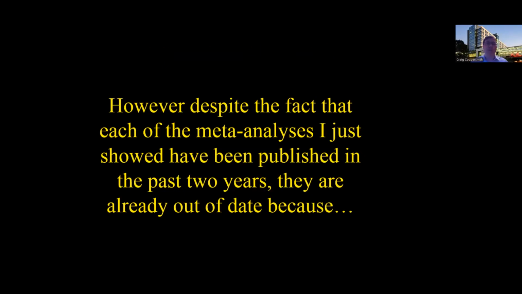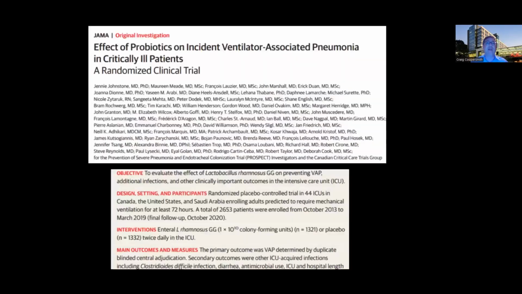Why is that? Well, this study came out in JAMA, the largest study that we have. Effect of probiotics on incident ventilator-associated pneumonia in critically ill patients, looking specifically at the effect of lactobacillus in preventing ventilator-associated pneumonia in 44 intensive care units in Canada, the United States, and Saudi Arabia, a study of about 2,600 patients, with the primary outcome being ventilator-associated pneumonia.